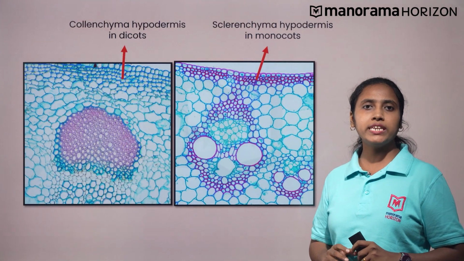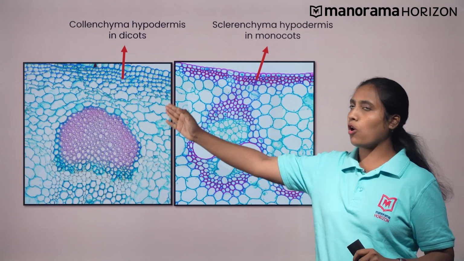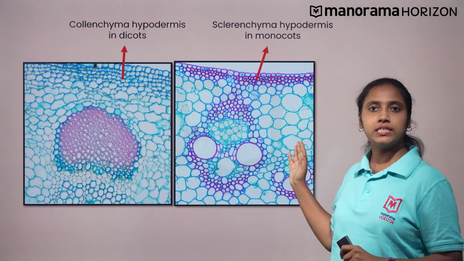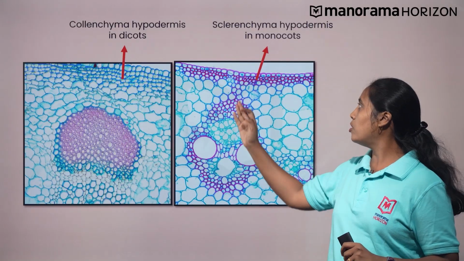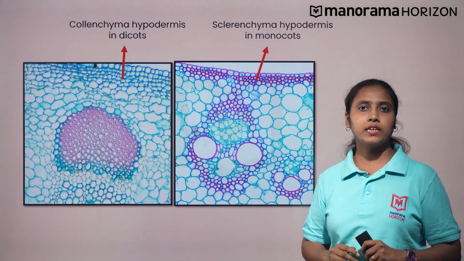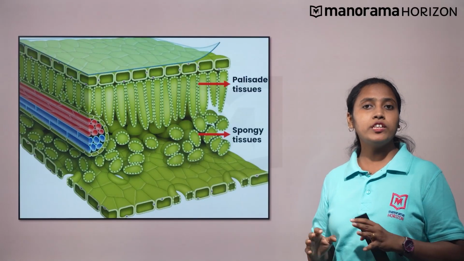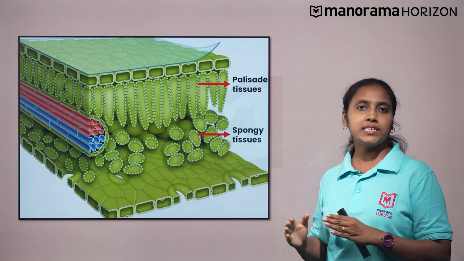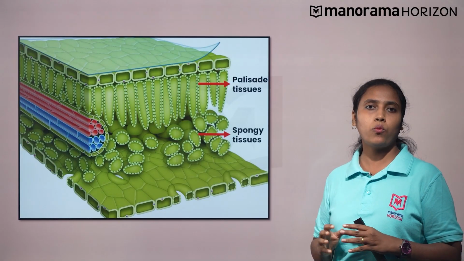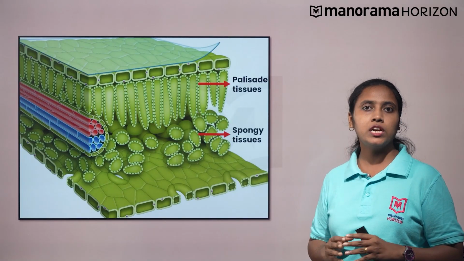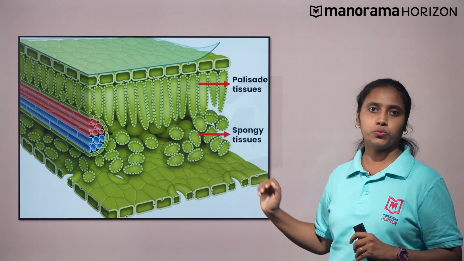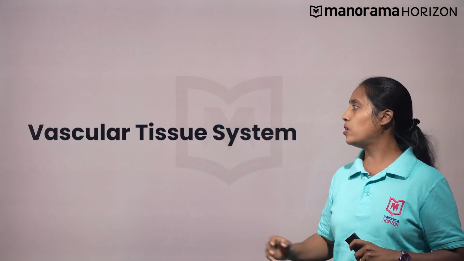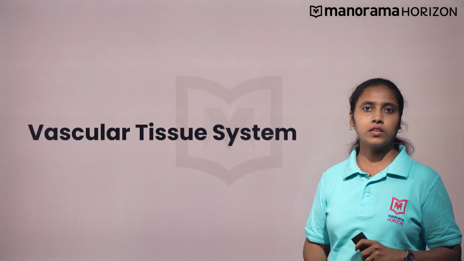Collenchyma is usually seen in the hypodermis of dicot stem, whereas sclerenchyma is seen in the hypodermis of monocot stems. In leaves, mesophyll cells constituting the spongy parenchyma and the palisade cells with thin cell wall and numerous chloroplasts become the ground tissues.